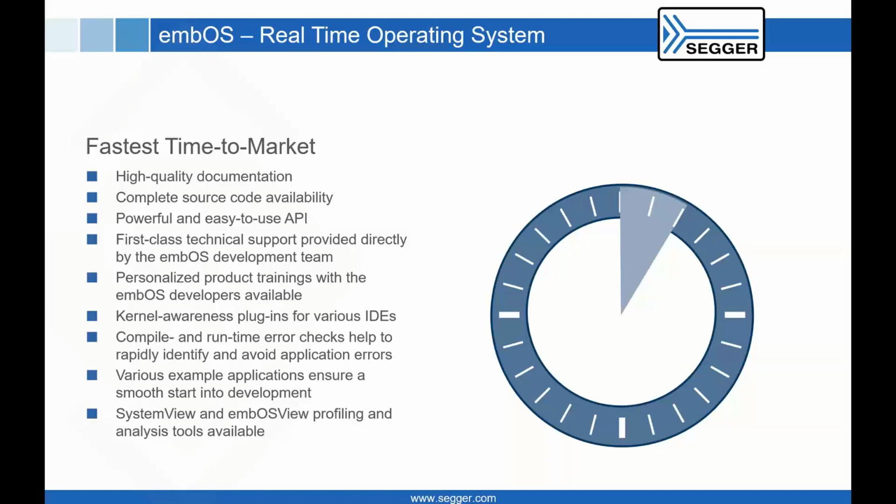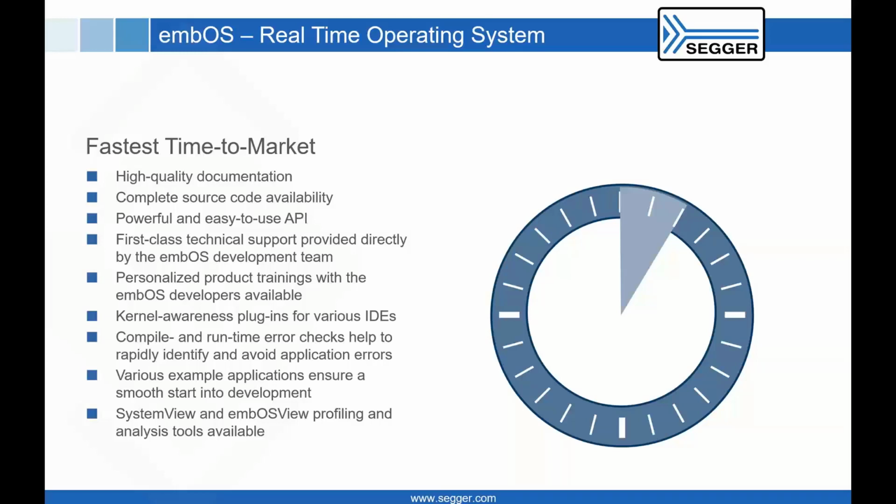There are kernel awareness plugins available for various IDEs, so there's a pretty good chance that for the IDE you're using, we have a kernel awareness plugin for embOS. There are a lot of compile and runtime error checks in there, and that helps you to identify and avoid application errors quickly.